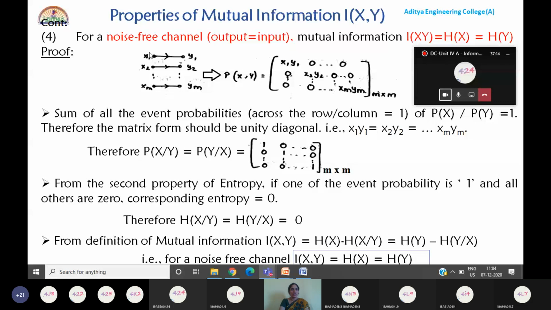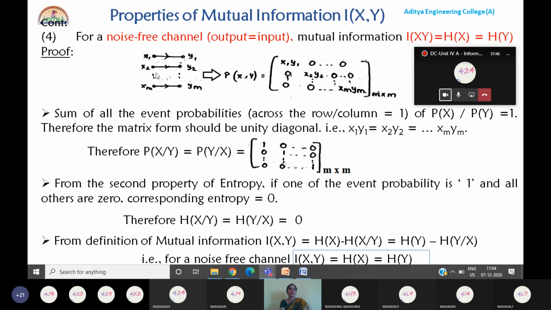So you can observe the noise-free channel here. Here output is equal to input. For example, if there are m events on the transmitter side and the same number of events on the receiver side, let the events of the transmitter be x1, x2, and so on up to xm, and the events of the receiver be y1, y2, y3, and so on up to ym.